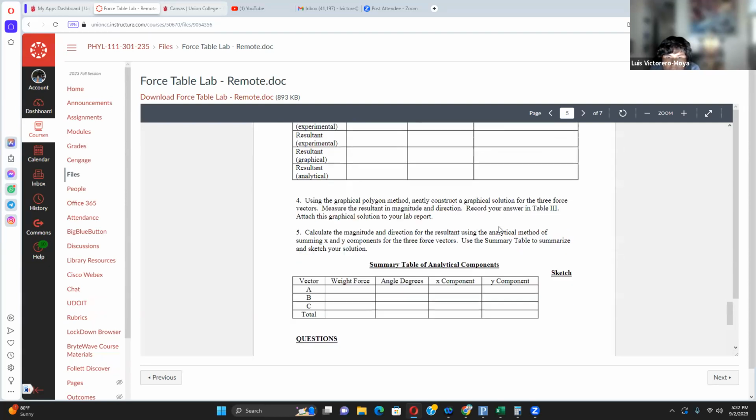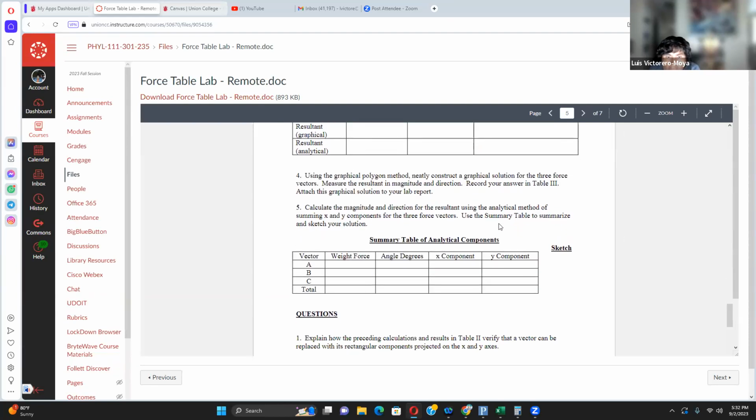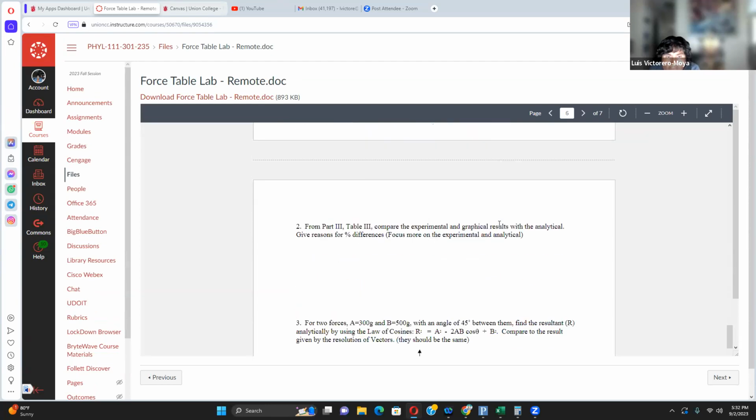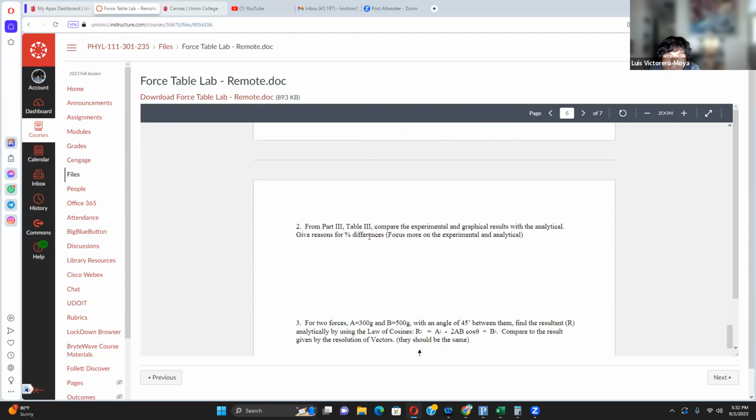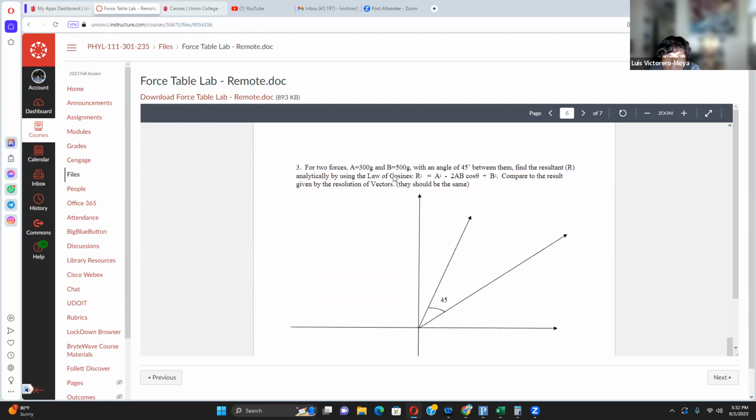All right? Other than that, you have to explain how you do your calculations in table 2, do the percentage difference and discuss it, and then solve this question. All right?